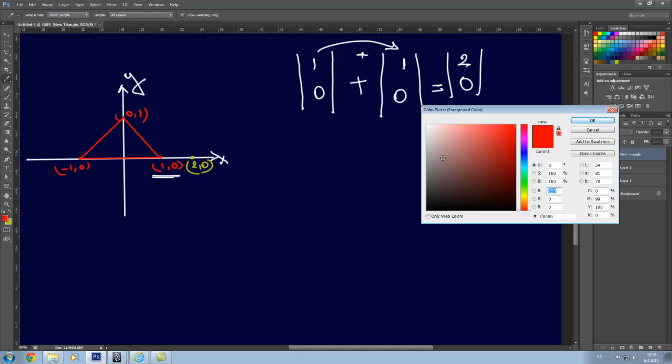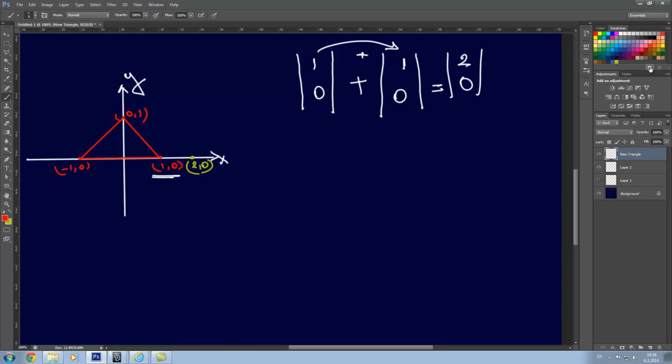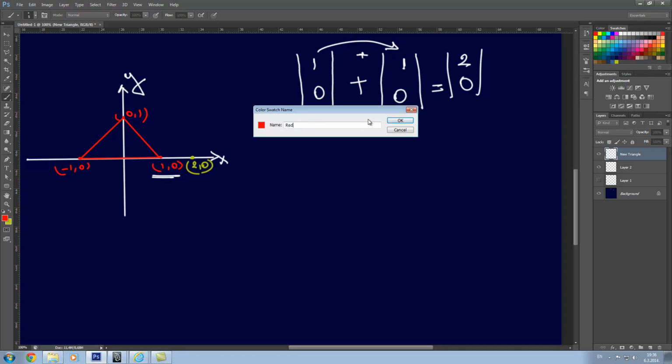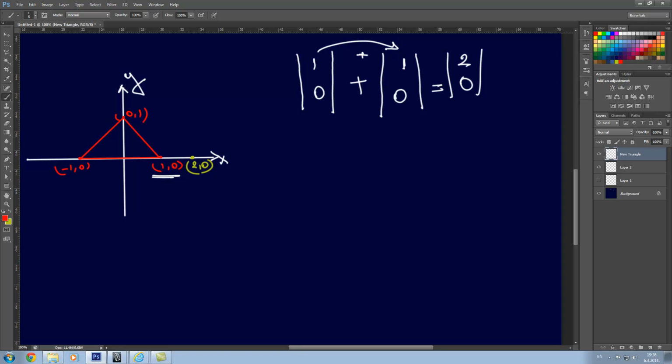So let me get rid of this red part, and I will add this as well as a swatch. I'll call this red pen, so I can just switch between them really quickly. Or actually, I need this one, because I'm going to add right now this point. So we have 0 and 1.